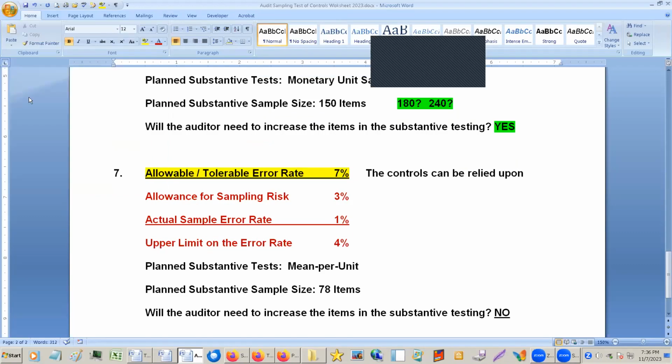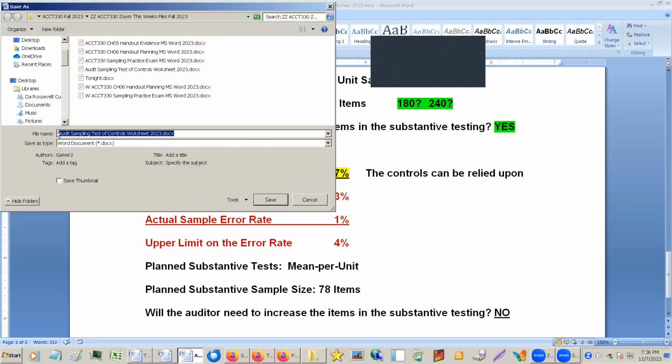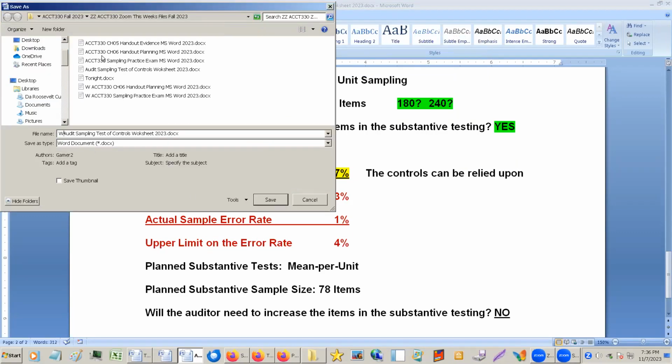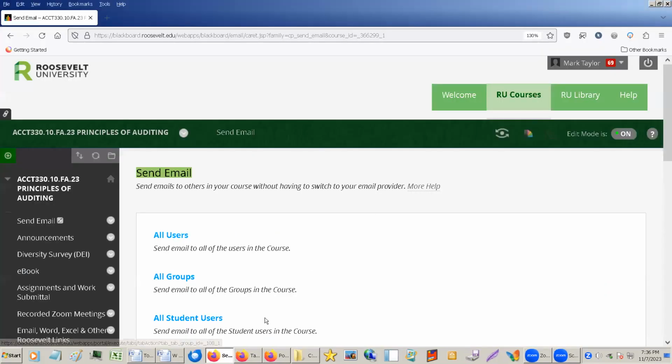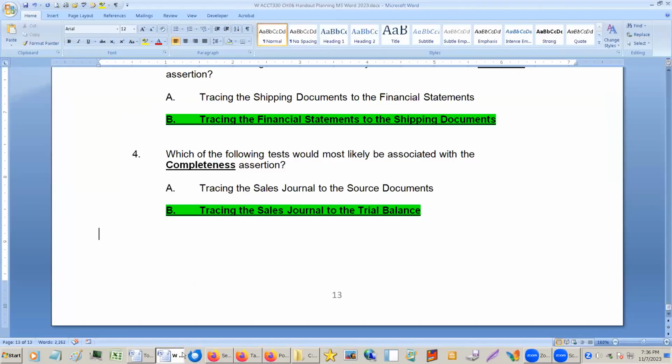Okay, let me save that. I'll put a drop for that in Blackboard. Okay, let's go to, no. Save that.